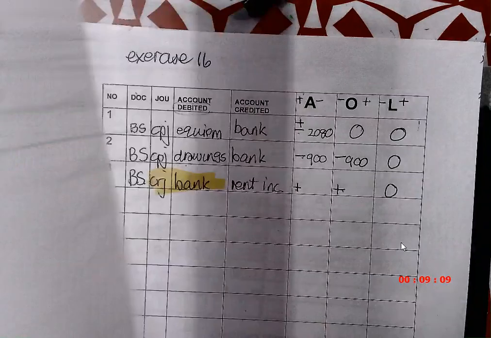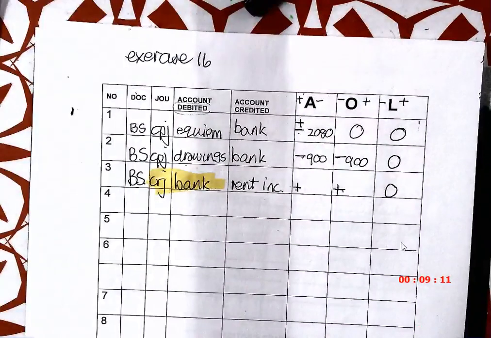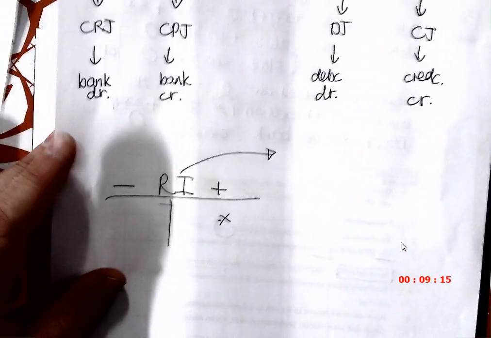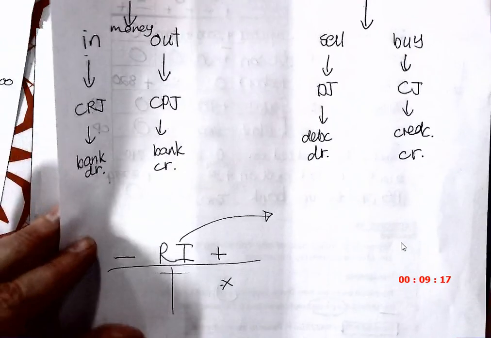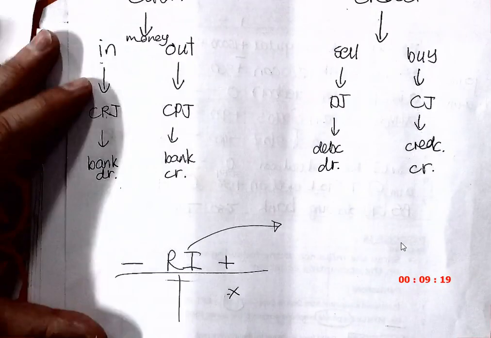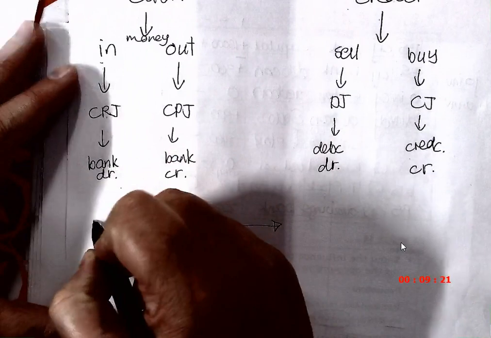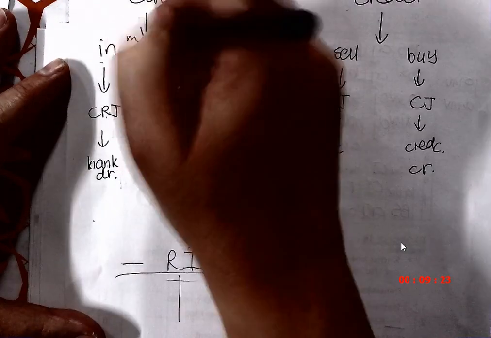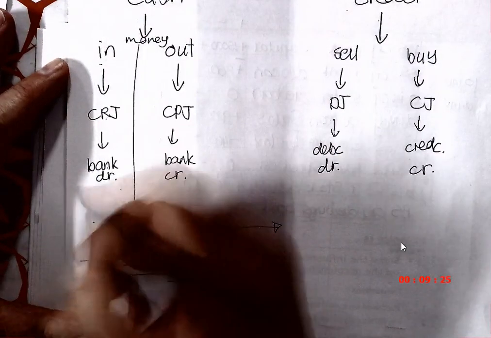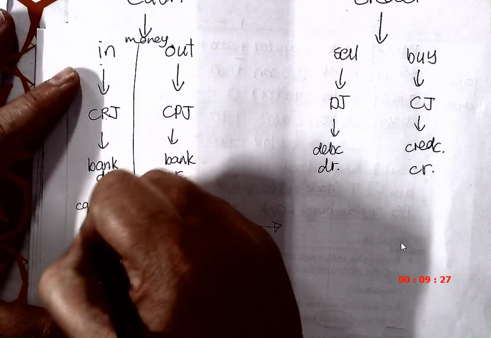So if I look at this summary I made, please listen, because I'm trying to get you to understand this. What will be credited? If it's money coming in, it can be capital that's credited.